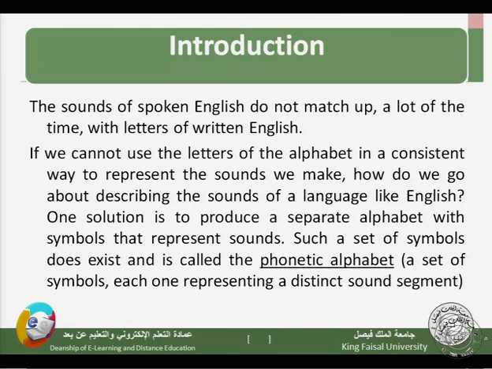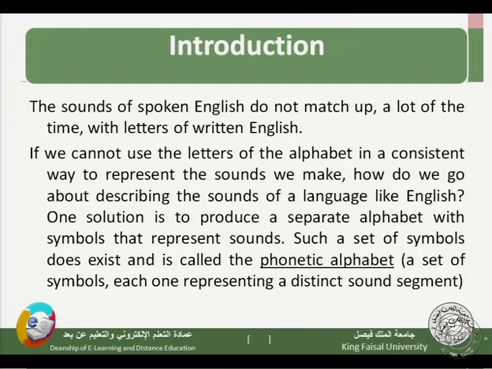So the question is, if we cannot use the letters of the alphabet in a consistent way to represent the sounds we make, how do we go about describing the sounds of a language like English? How can we describe a language if what we write is not what we pronounce?